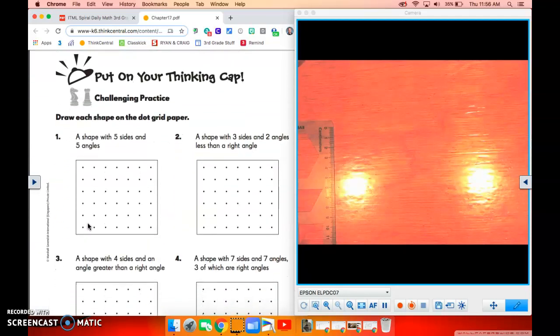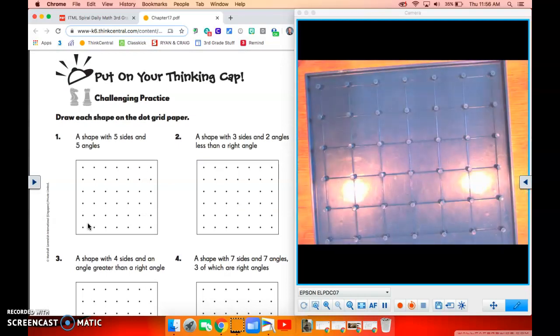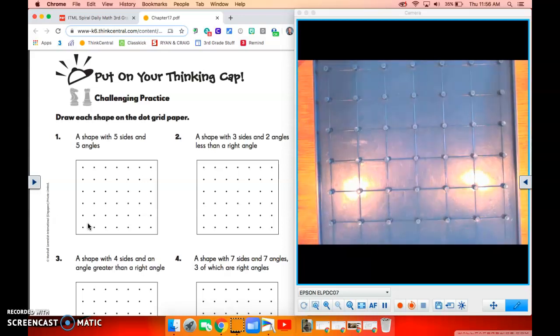Let's go on now to put on your thinking cap, and I brought the good old geoboard. Love these things. Okay, geoboard is going to help us out with these next few questions. Now, our first geoboard question is asking us to draw each shape with dot grid paper, and I'm using this. So, a shape with 5 sides and 5 angles.